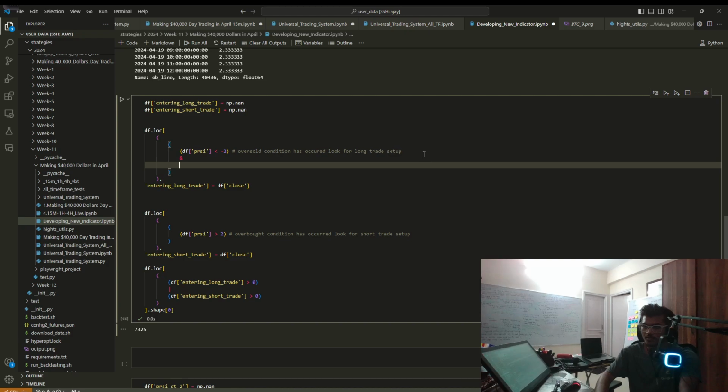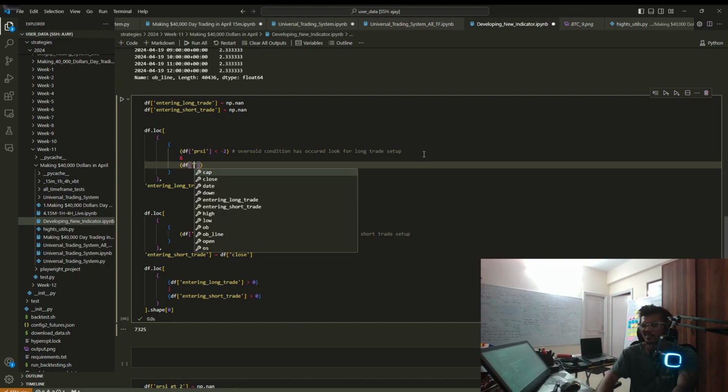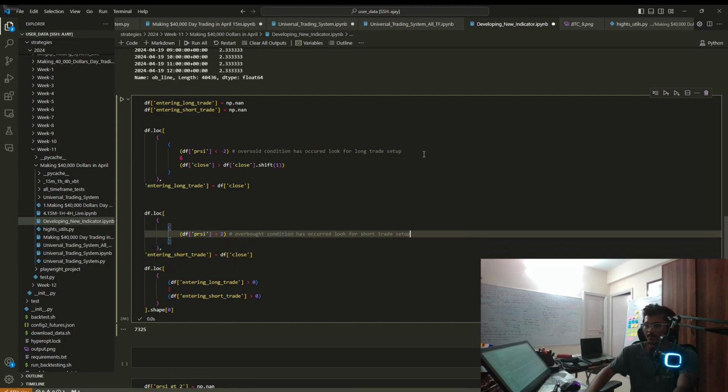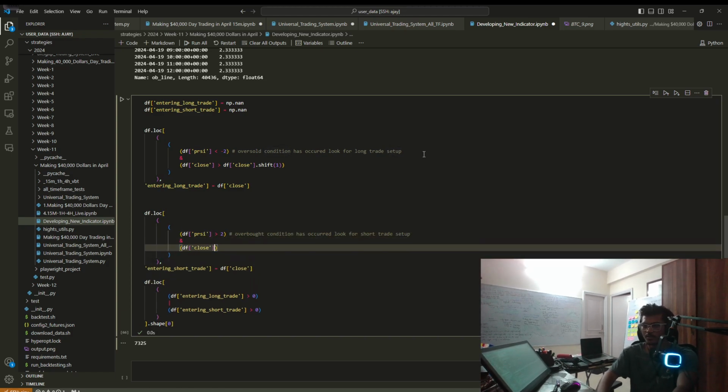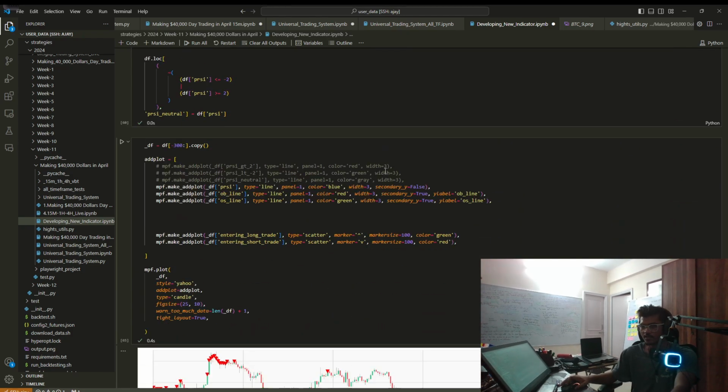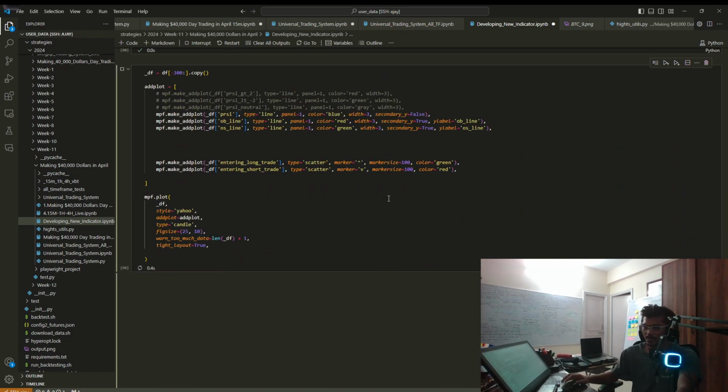And also, in order to reduce that, we check that close should be greater than the previous close here, meaning a bullish candle. Here close should be less than the previous close, as it's a short condition, so we reduced it to 2000, and here we go.